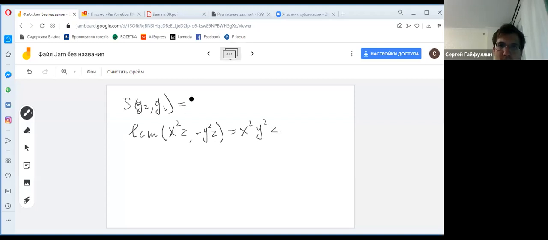And now I compute that this S polynomial is x squared y squared z divided by x squared z multiplied by g1 minus x squared y squared z divided by minus y squared z multiplied by g3. This is just yz g1 plus x squared g3.